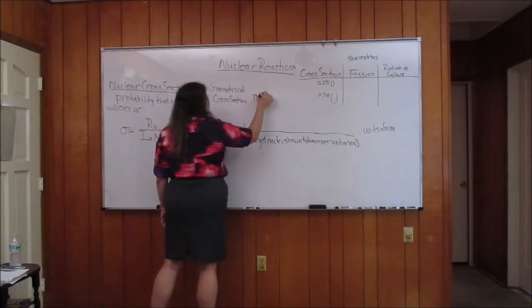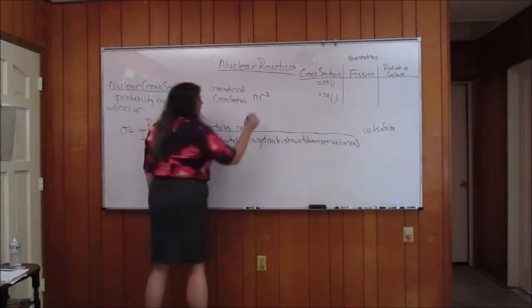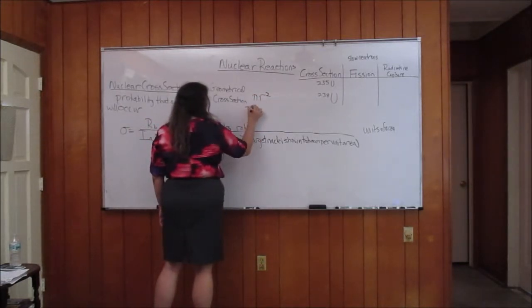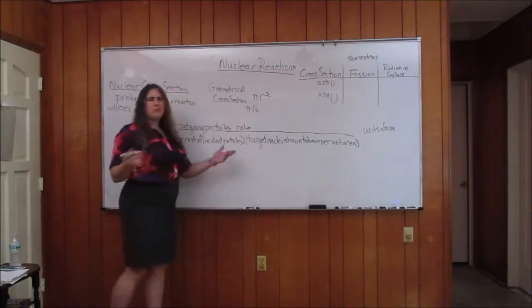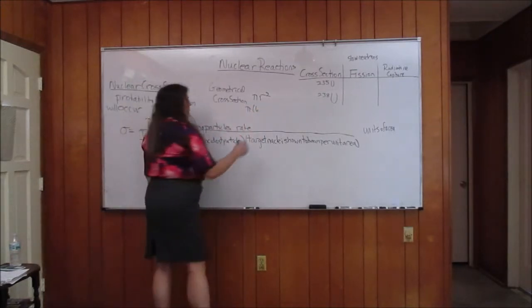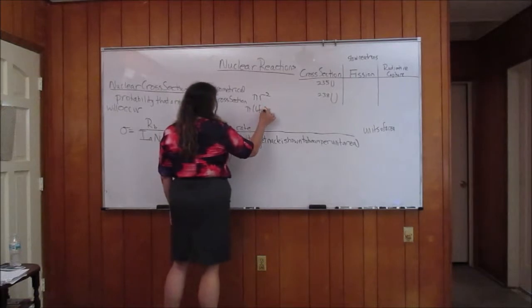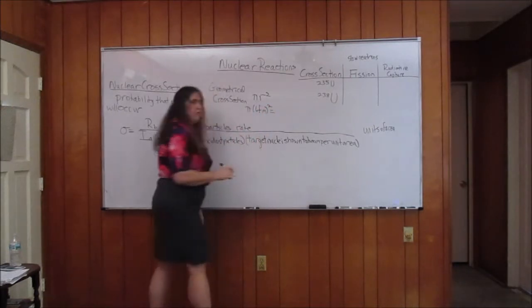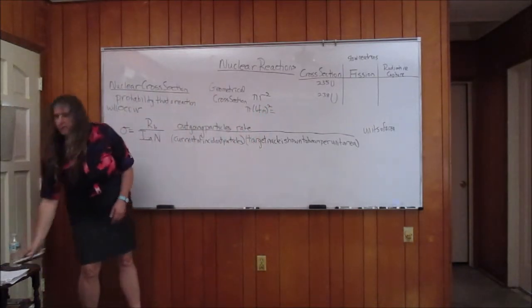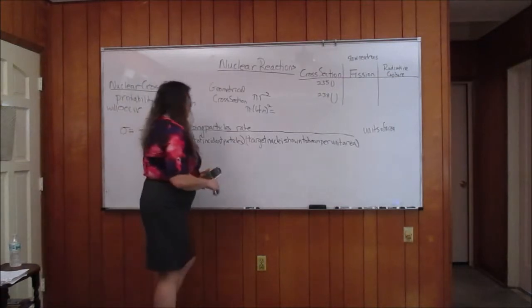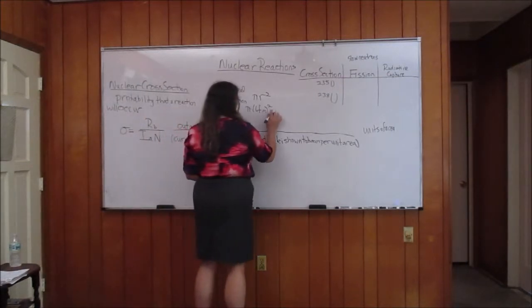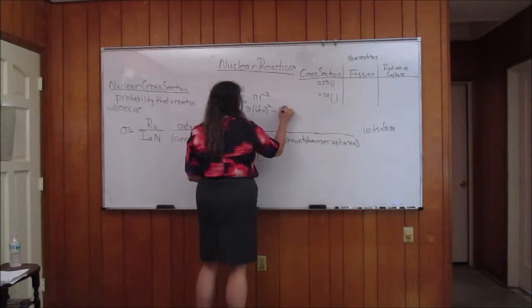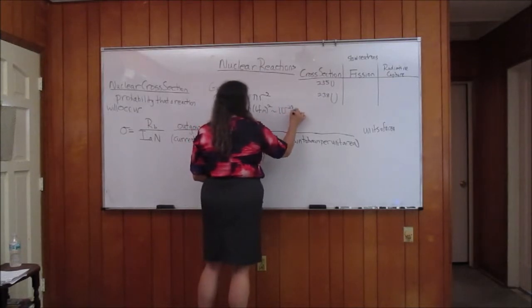That would just be equal to pi r squared. And the size of a typical heavy nucleus is in the order of 6 femtometers. So if I do the math here, it'll wind up as a number that's roughly in the order of 10 to the minus 28 meters squared.